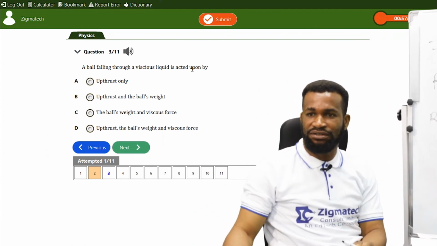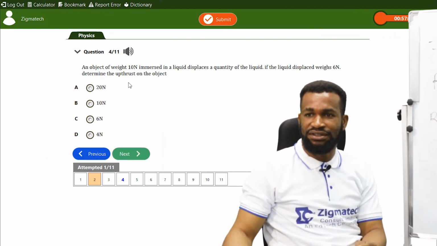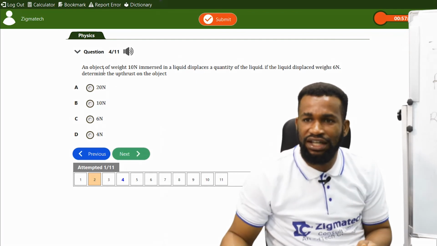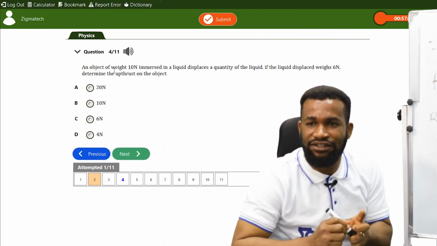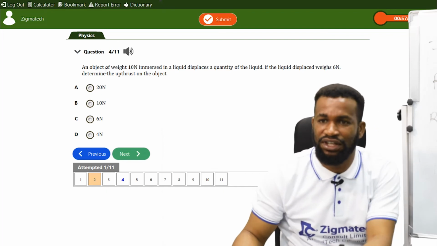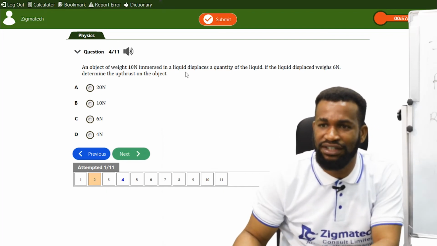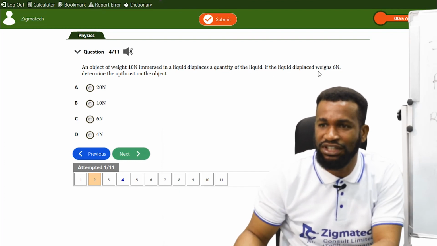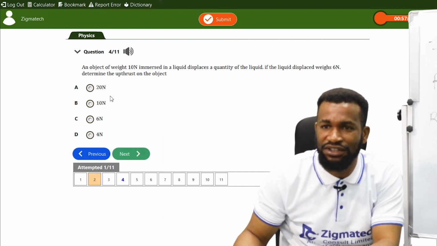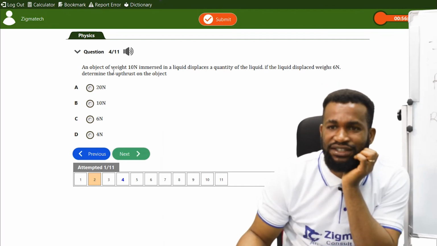This one is about viscosity. Okay, the next question: an object weighs 10 Newton immersed in a liquid and displaces a quantity of liquid. If the liquid displaces 6 Newton, determine the upthrust on the object.